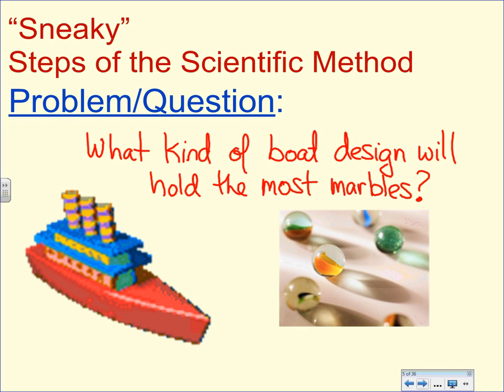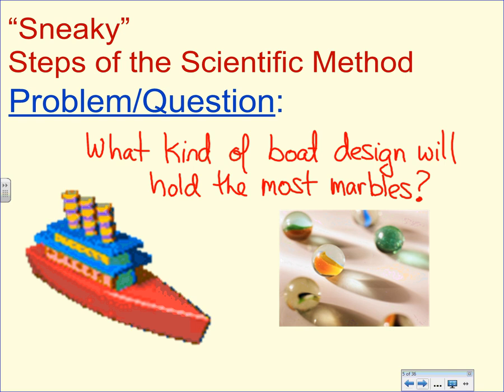What did your subconscious mind think about? It thought about different boat designs. Yeah. Your subconscious mind started thinking about cruise ships, barges, canoes, little sailboats. Okay, so your subconscious mind started thinking about boats.